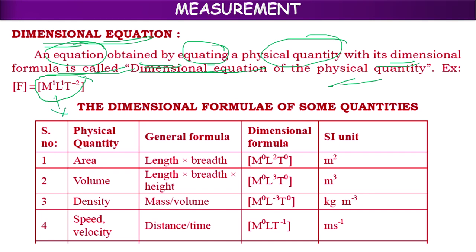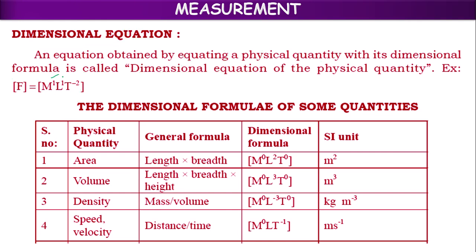But when this dimensional formula is equated to force, the physical quantity, this total expression is called the dimensional equation. Only powers are called dimensions. Along with powers, the total expression is called the formula. The formula equated with the physical quantity, the complete part, is called the dimensional equation.